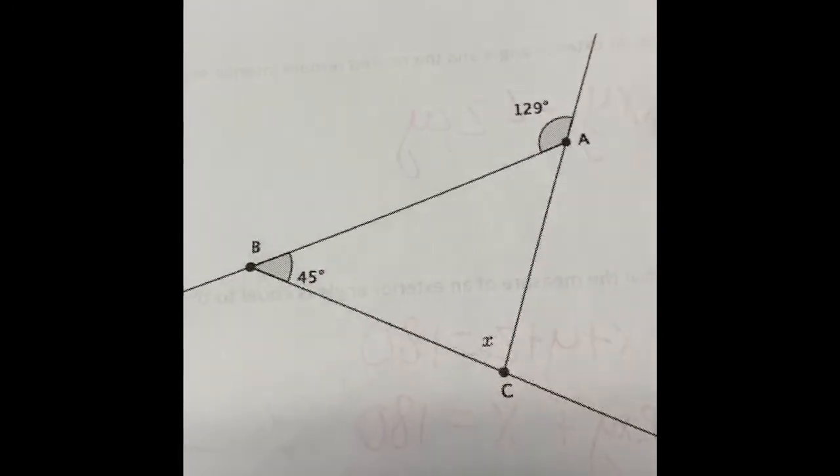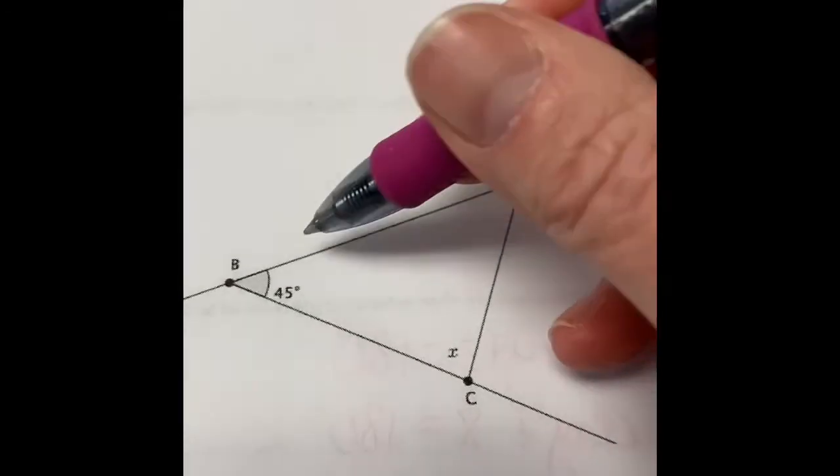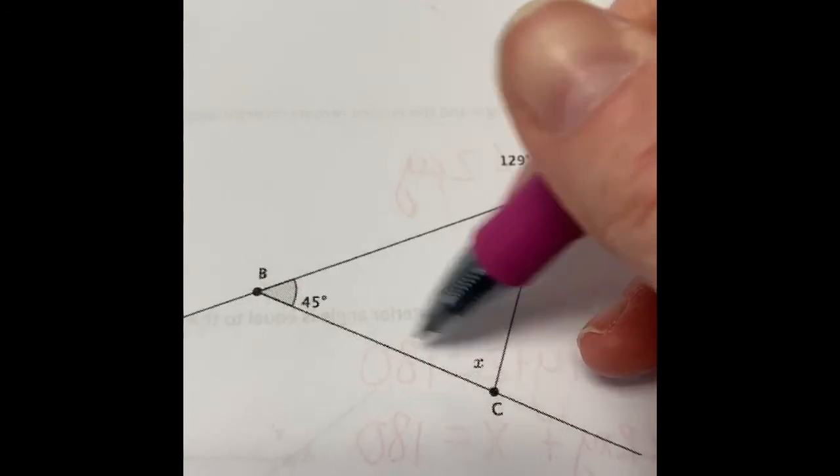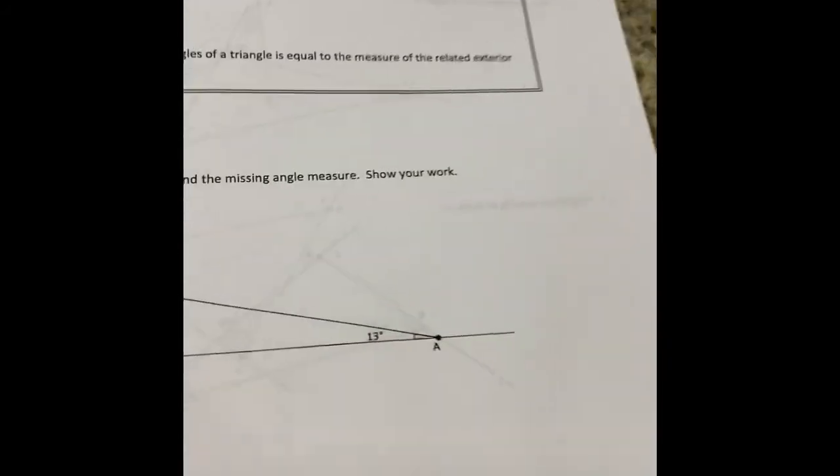Some of them, oh, here's the remote interior angle, 129 is this one plus this one. You can play with it like that. I think you're going to be good to go. The assignment isn't tremendously long. There's only a couple, and so I think you'll be fine.